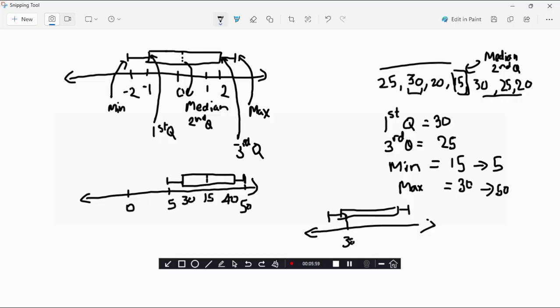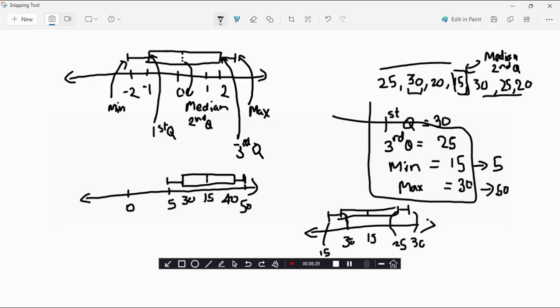This value over here is 30, this one will be 25, and this one will be 15. We also know our min was 15 and our max was 30. So this is what the box whisker plot would look like with these values.